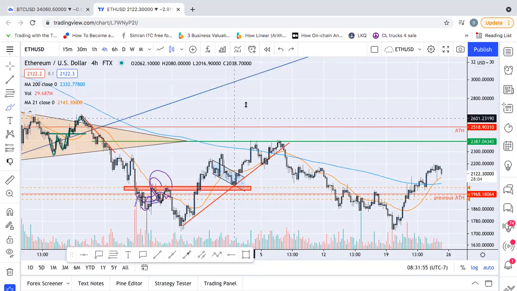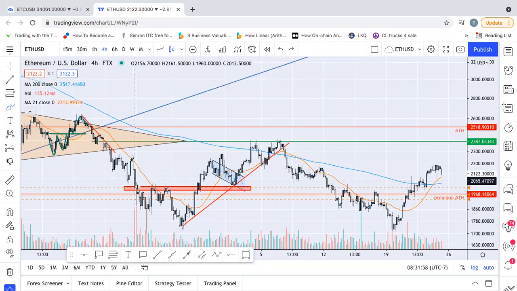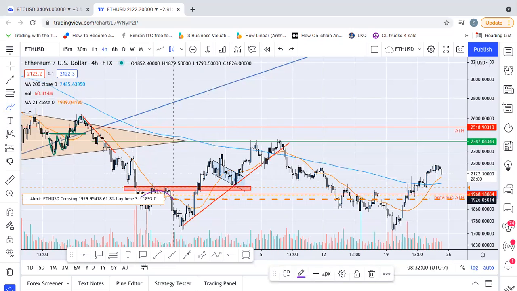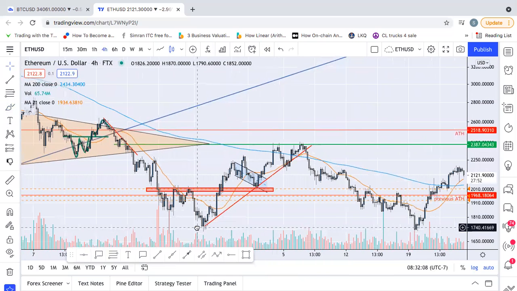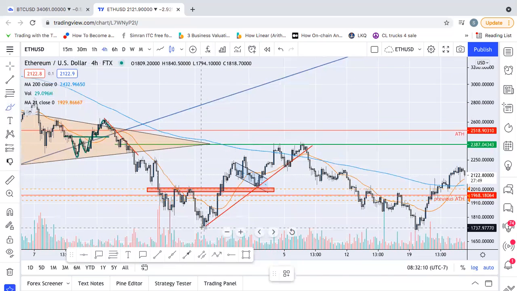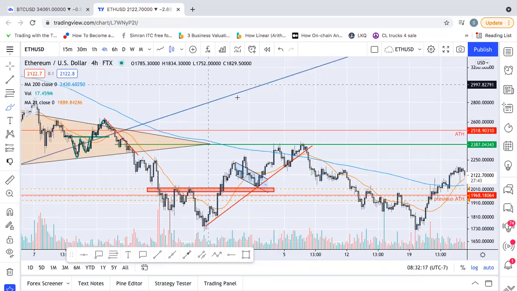So you see that I can't get above it, and so it falls down. Okay, perfect. Once it fell down, it found a level of support right here, okay? Perfect.